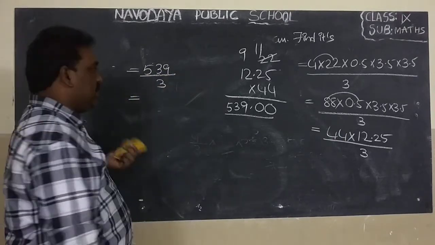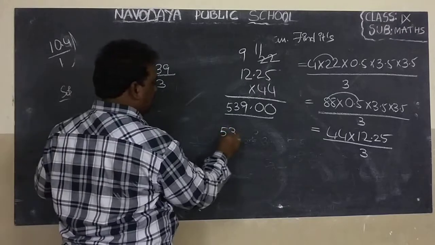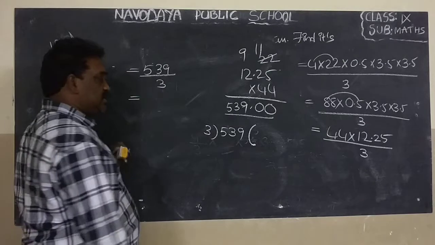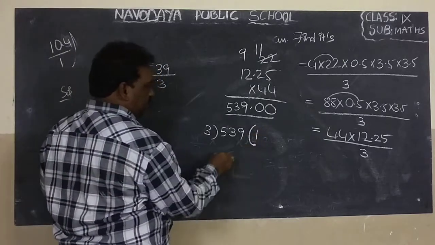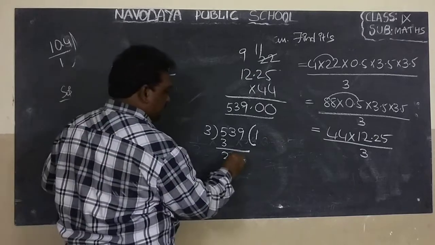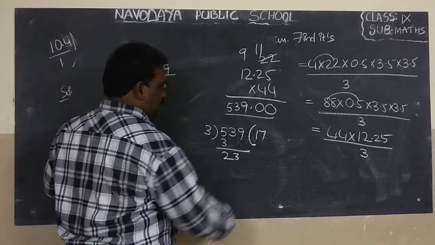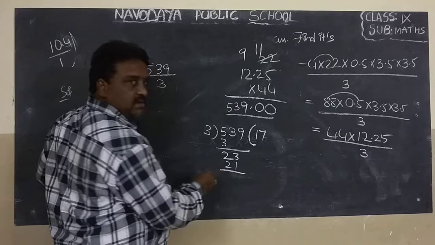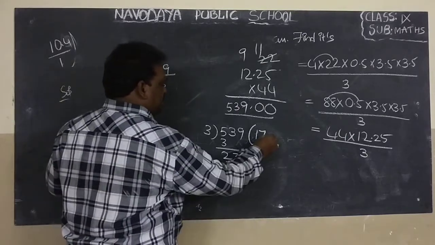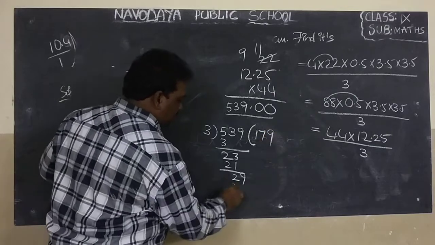Divide 539 with 3. How many times? 1 time. 1 3 is 3. Remainder 2. Next number 3. 7 3s are 21. Remainder 2. Next number 9. 9 3s are 27.